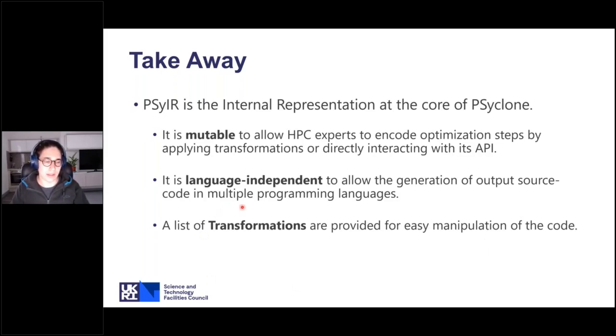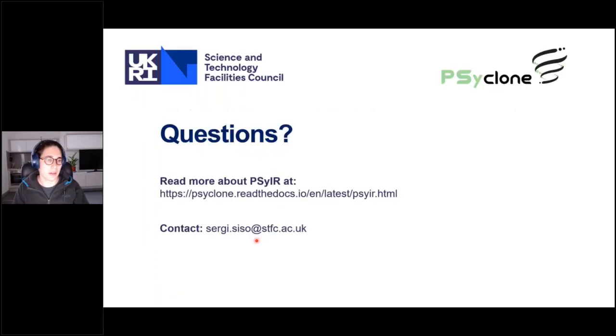It is also language independent. This means that it can produce code in Fortran, OpenCL, or in different backend languages. And the PSyIR and Cyclone come with a list of transformations, which are the easy way to do manipulations in the PSyIR tree. So that's the end of my presentation.